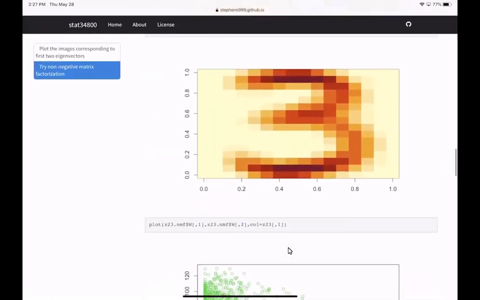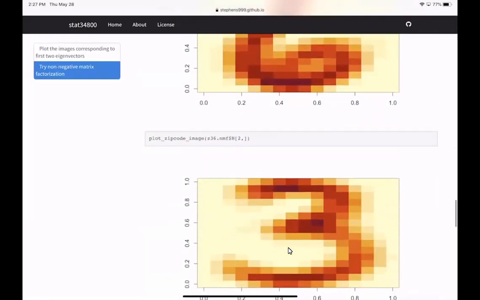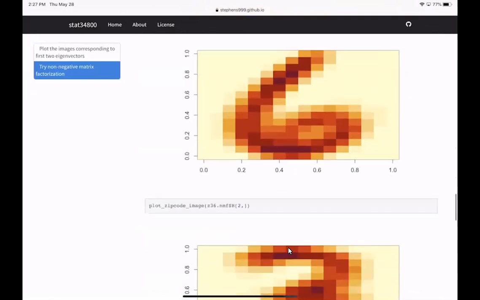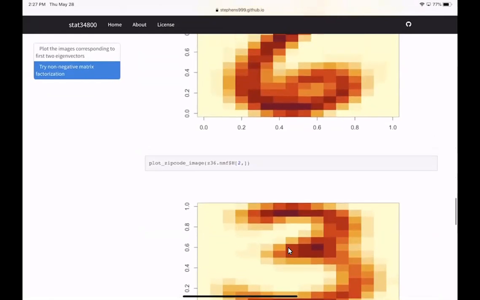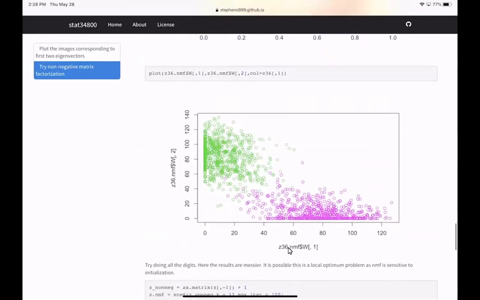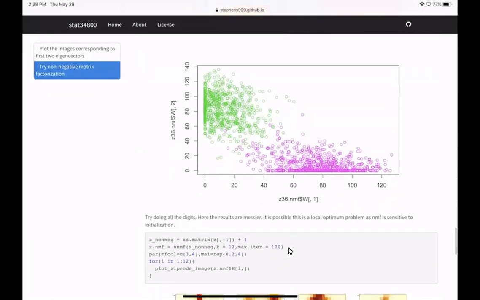Let me just show, this is if you do it to the 6s and the 3s instead. So you get one basis vector that's essentially a 6, and another that's a 3, and I didn't plot the loadings, but, oh, I did. There you go. So you can see that they're well separated out in the two dimensions.